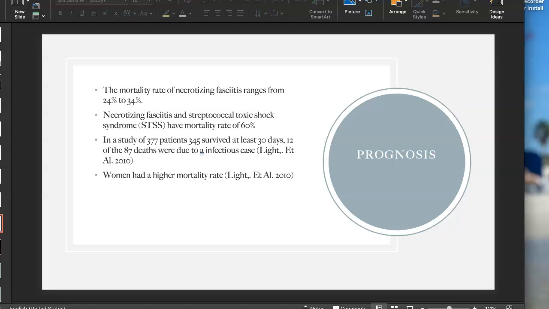In a study in 2010, I believe there were 377 patients, in which 345 survived at least 30 days. 12 of the 87 deaths were due to an infectious case, and women did have a higher mortality rate during this case study.